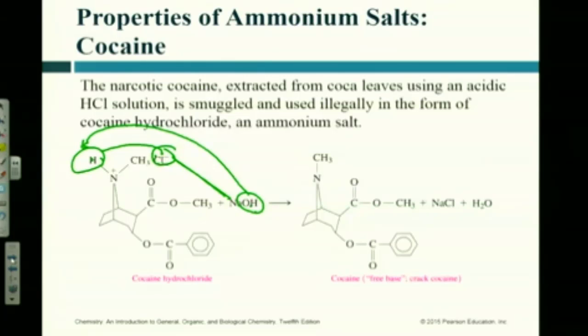Well, the addicts figured out if you take it and you put a little bit of lye and a little solvent on it, lye being a base, and you heat it up, you can make your own crack cocaine, and then you can pull it up in a needle and inject it in your arm. What happens? Well, Richard Pryor set himself on fire trying to do this. And so the drug dealers got smart. They said, we got a lot of people trying to do this on their own to make crack, basically freebase cocaine. Let's make it for them. It's more addictive. And not only are we going to make it for them, we're going to cut the price.